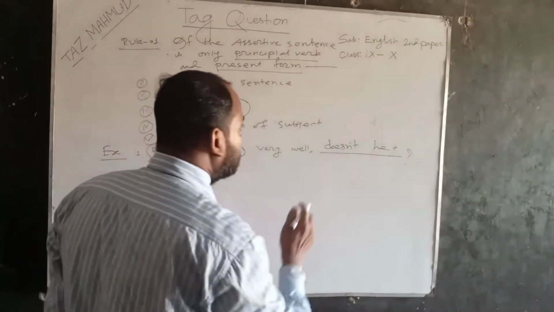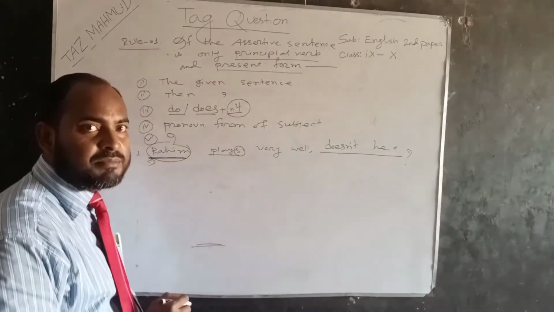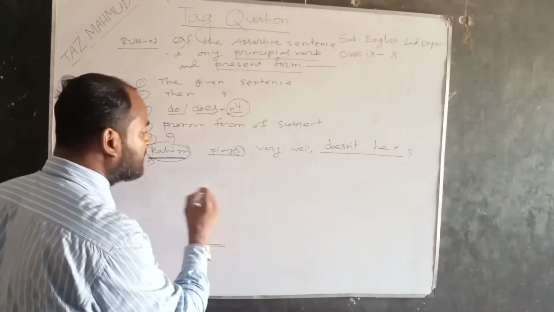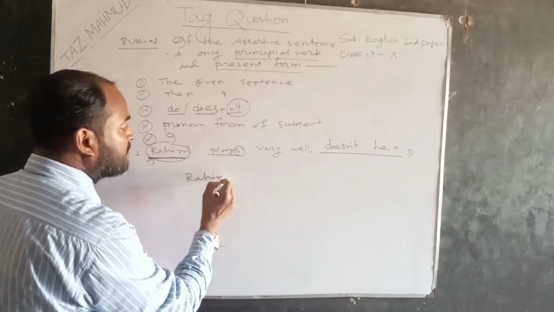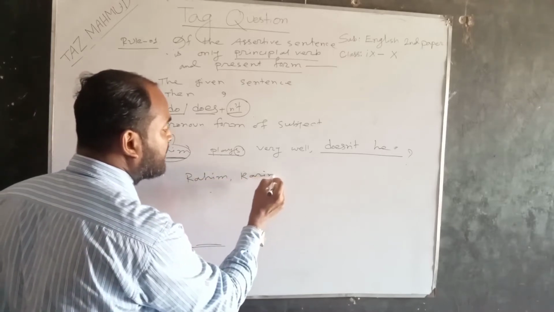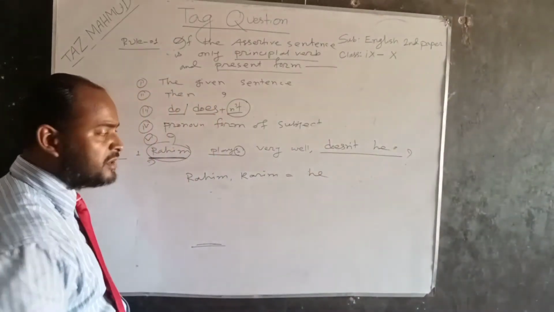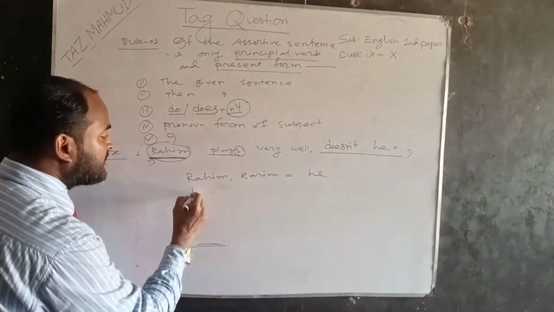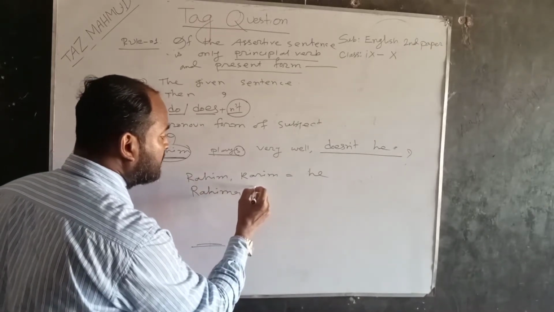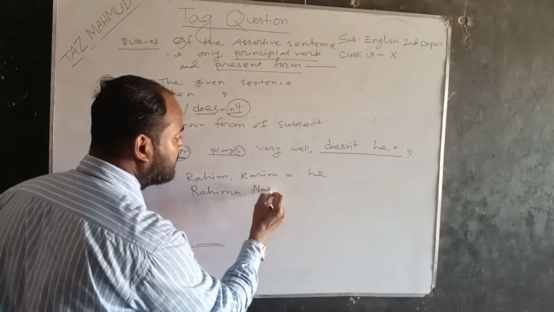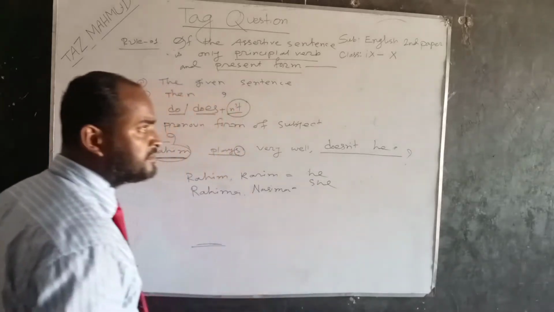You know, if the subject is a personal subject, a singular person subject, such as Rahim, Karim, or any personal subject, then we shall use the pronoun form he. But instead of female names, Rahima, Nasima, we shall use the pronoun form she.